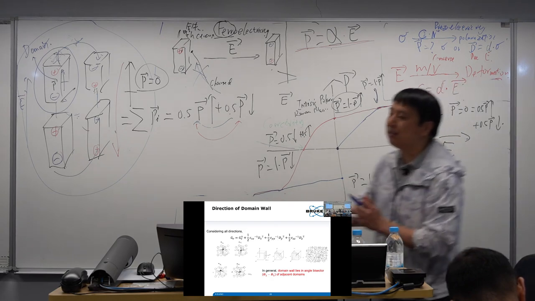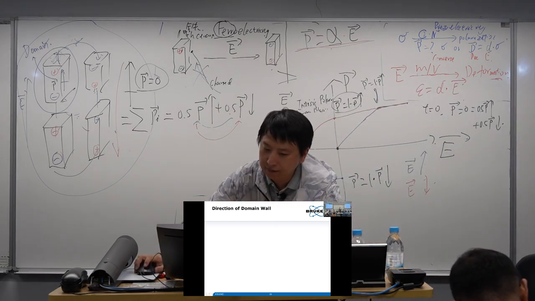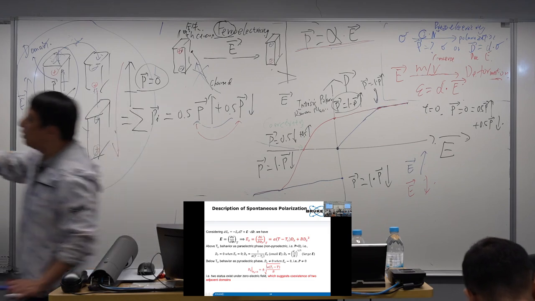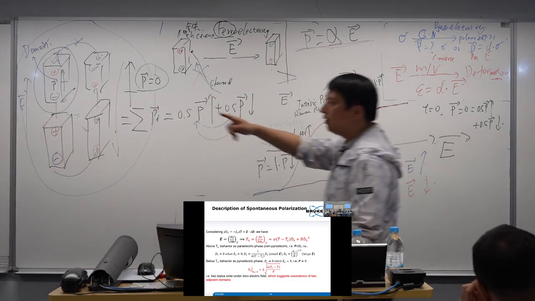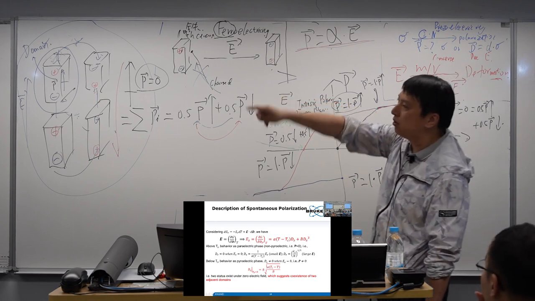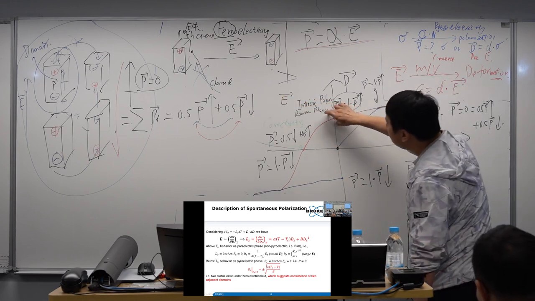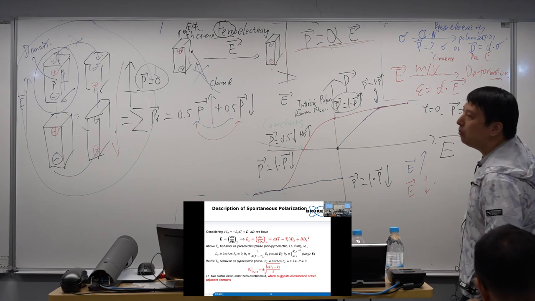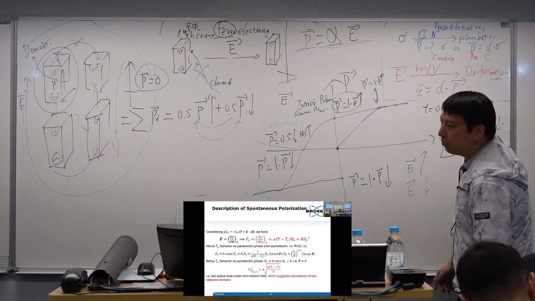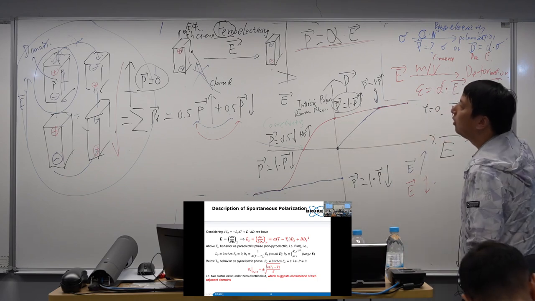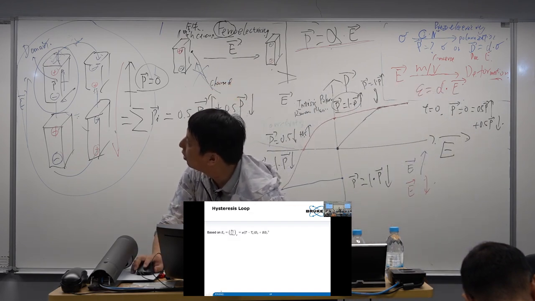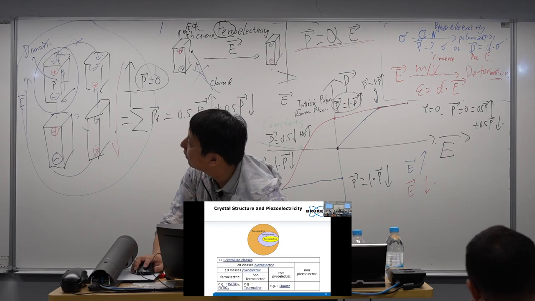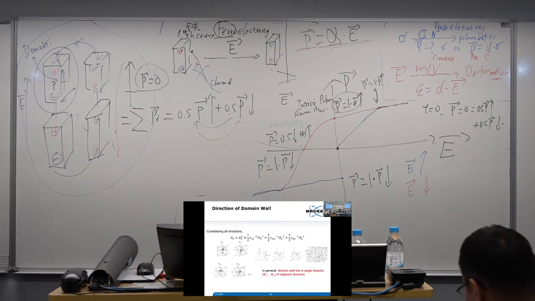Okay, so this point is another solution of Landau theory. So that's why this theory gives a positive and negative here, because these two polarizations should be different in direction but same in value, which is what the crystal structure shows here.